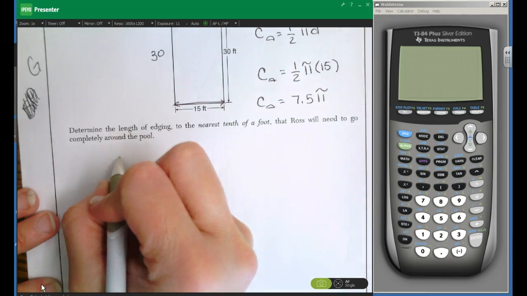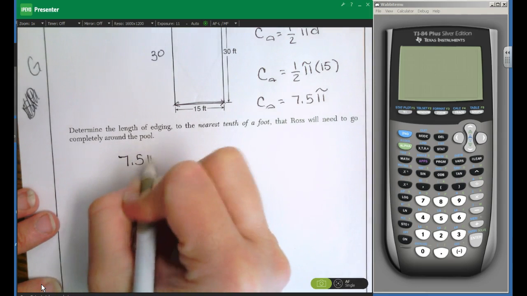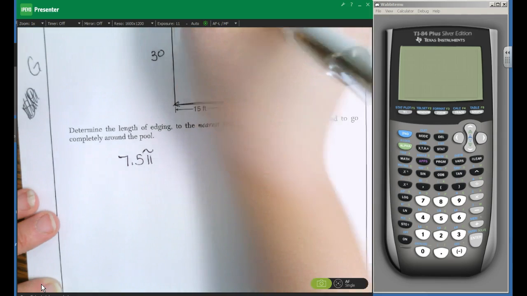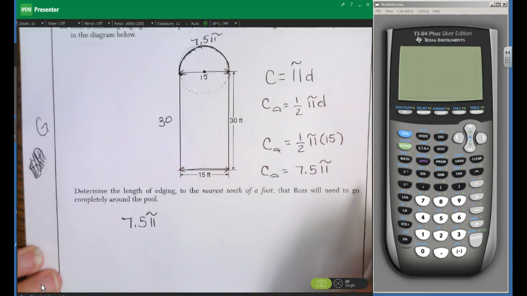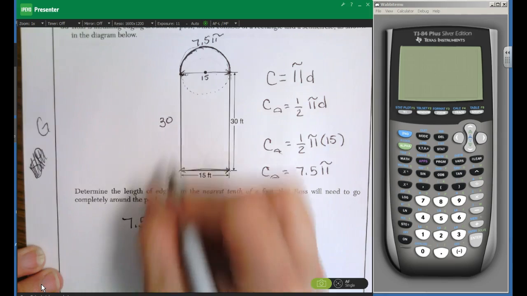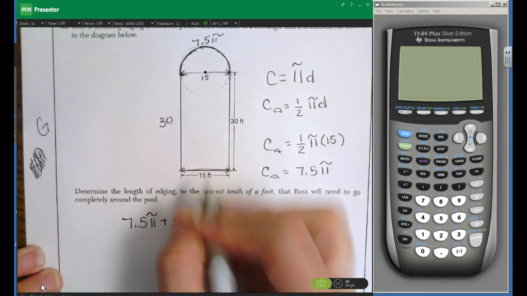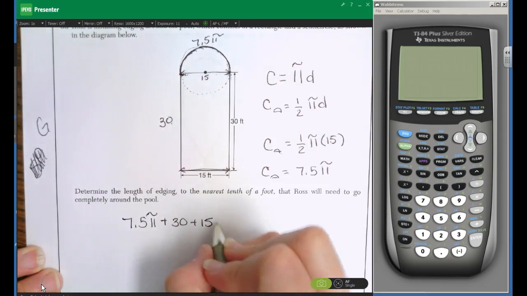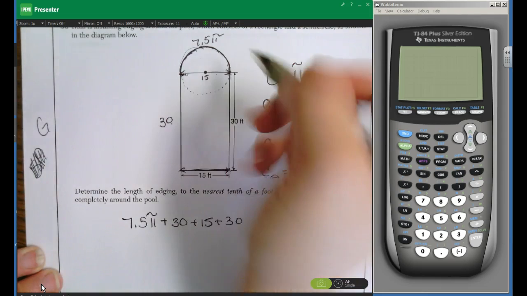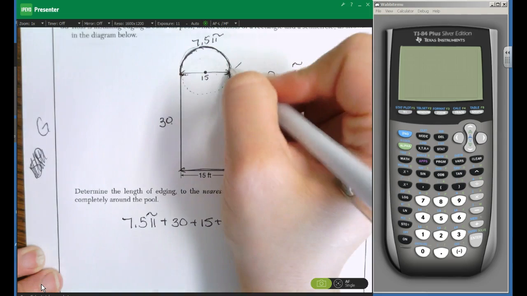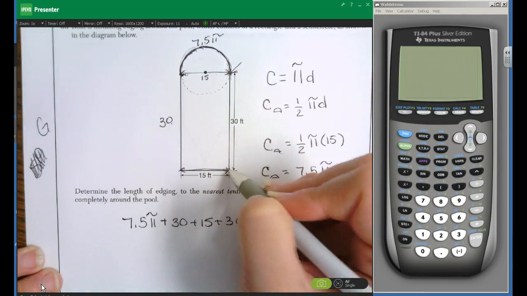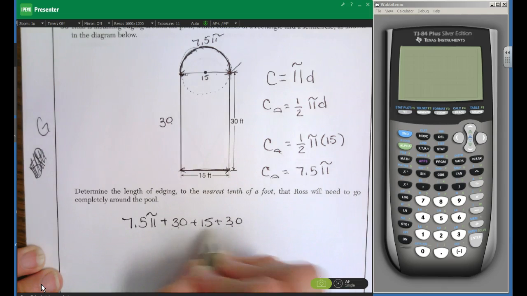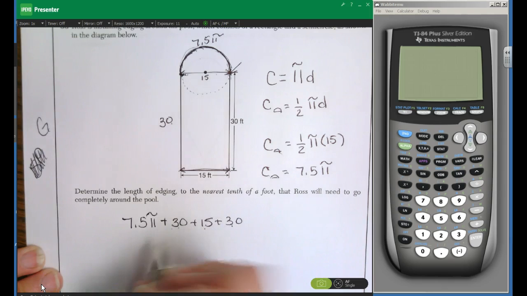We have 7.5 pi for this part, plus this 30, plus this 15, plus this 30. When we simplify, 30 plus 30 is 60, plus 15, so we have 75 plus 7.5 pi.